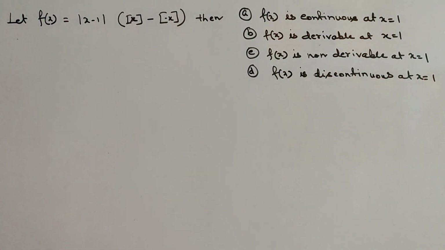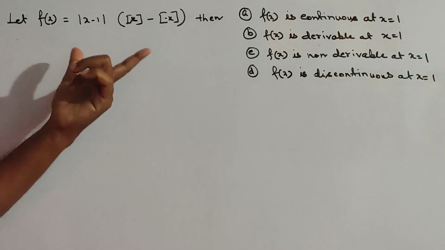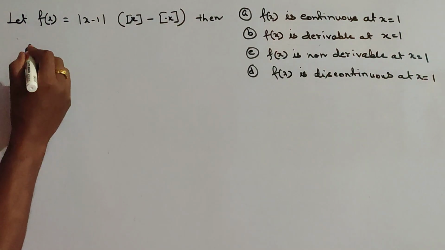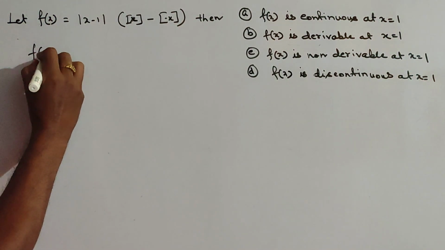So we first explain the given function f(x) at the point x equal to 1, that is, on the left hand side of x equal to 1 and on the right hand side of x equal to 1. Now we start with f(x).